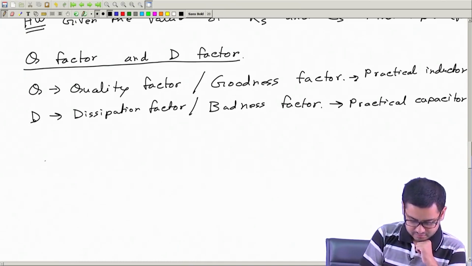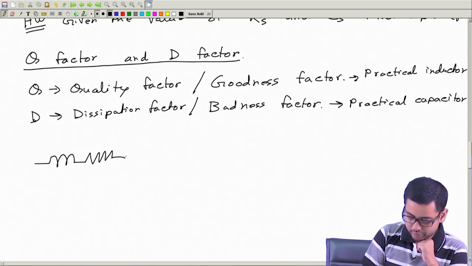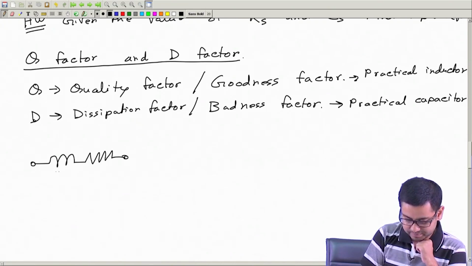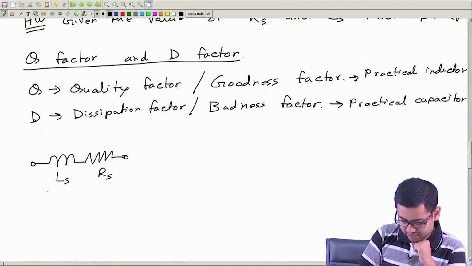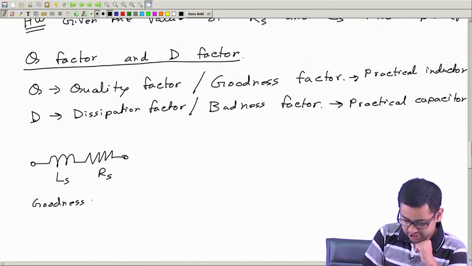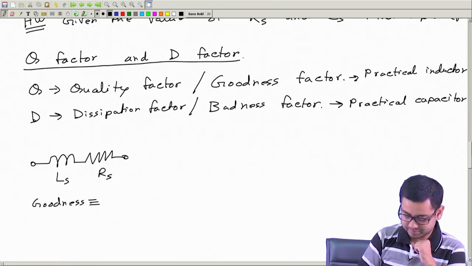Now, if we think of a practical inductor, which can always be modeled as a series combination of some pure inductance and a pure resistance, then the measure of goodness is equivalent to the measure of how ideal this inductor is. Okay.